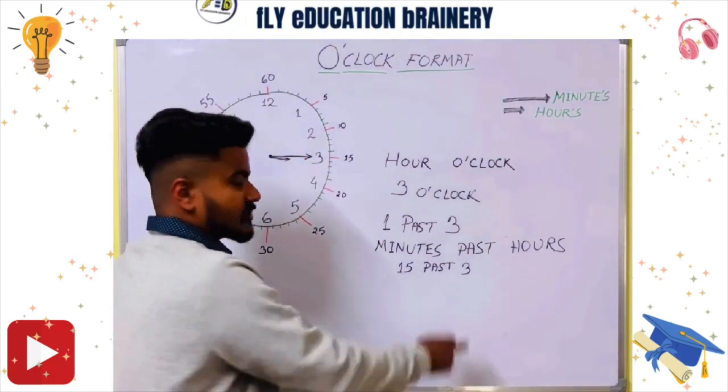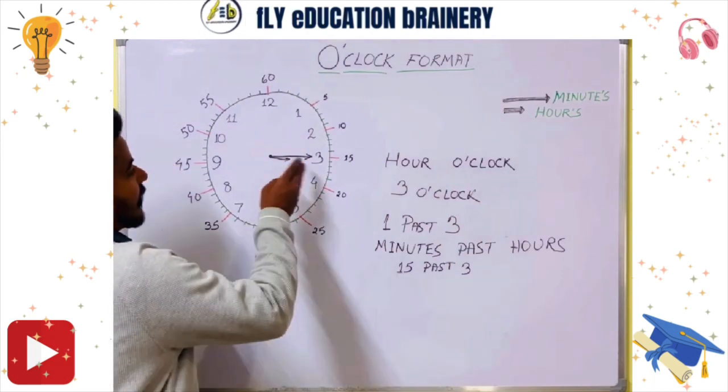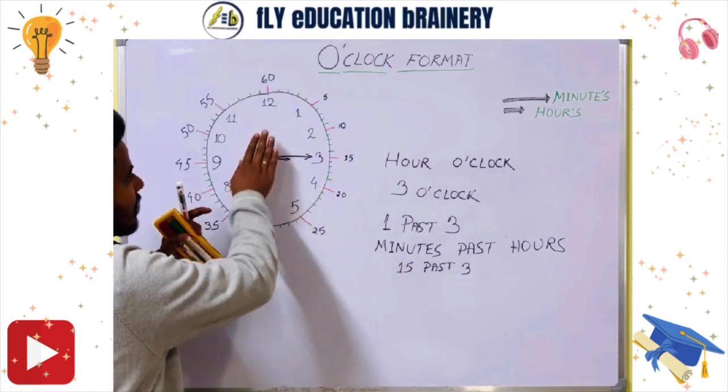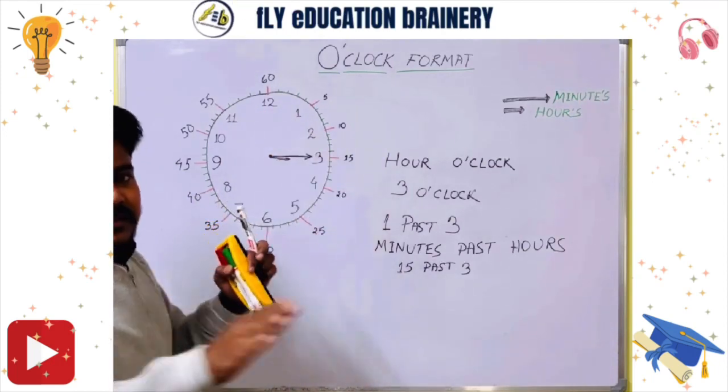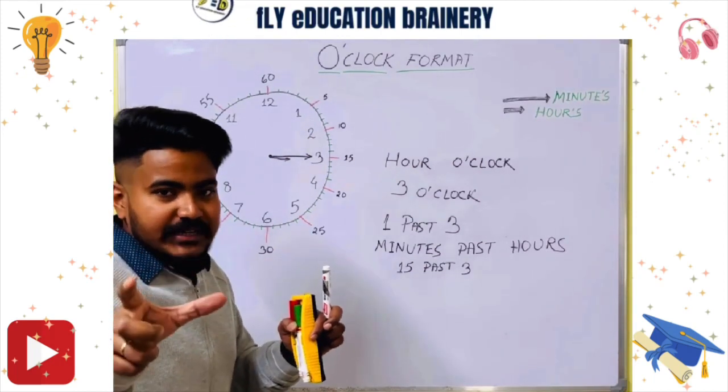So it will be 15 past 3. But here comes a twist. When 15 minutes are gone, see, 15 minutes is 1/4 part of 60 minutes.